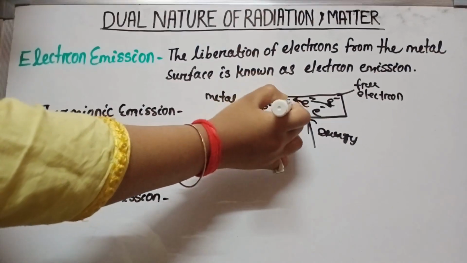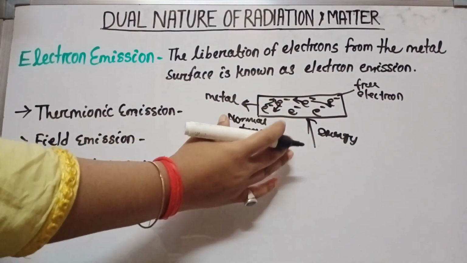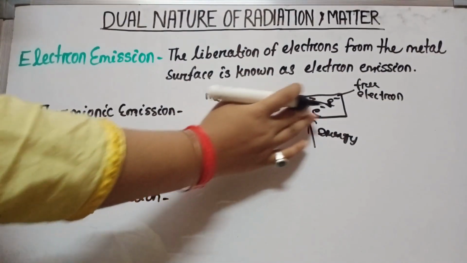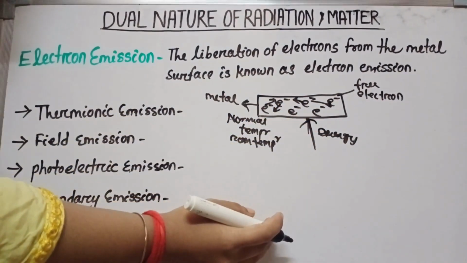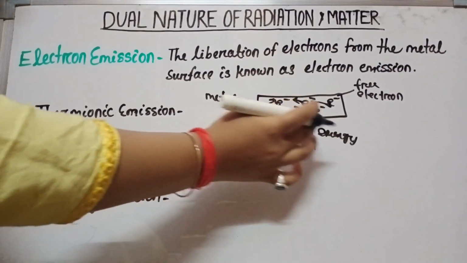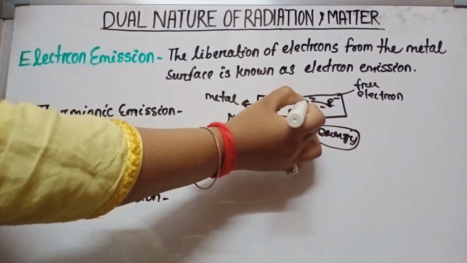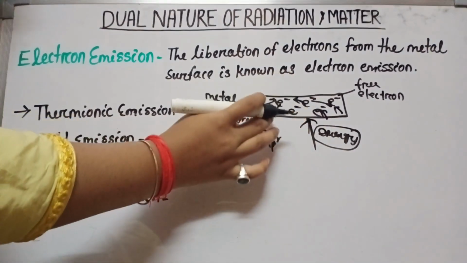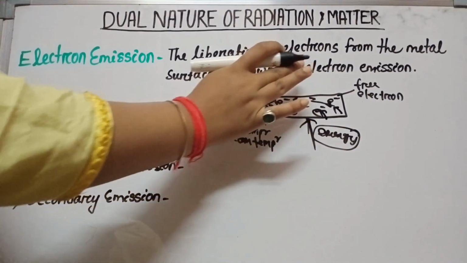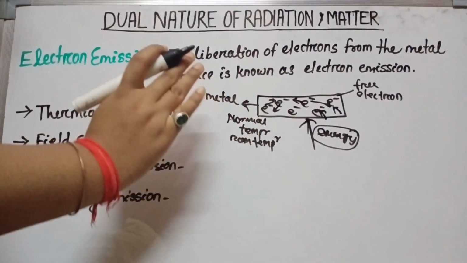These are the free electrons. At room temperature they move in a zigzag manner. But when we provide extra energy, it is absorbed by the free electrons and they are able to release from the metal surface.